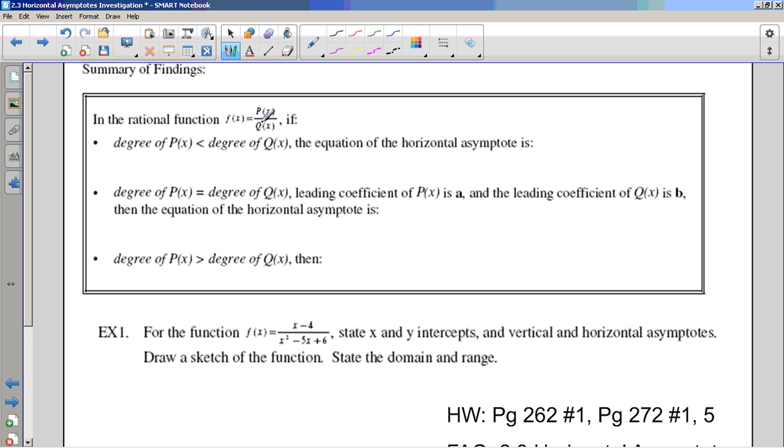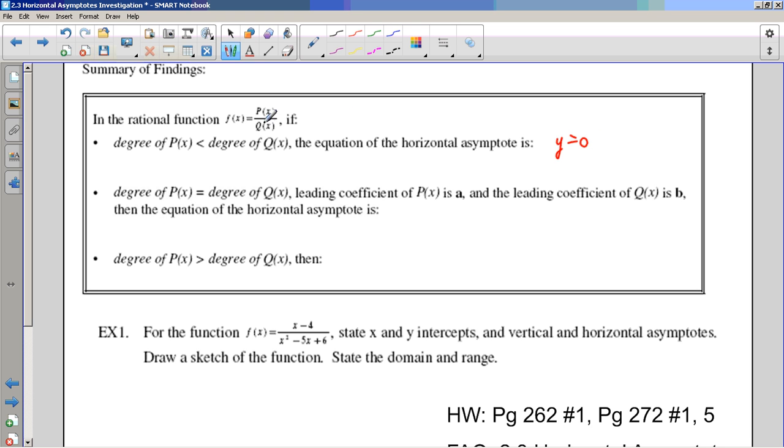So in this rational function, if the degree of the top polynomial is less than the degree of the bottom polynomial, so that means this bottom one has a bigger exponent on the highest exponent, then the equation of the horizontal asymptote is y equals 0.